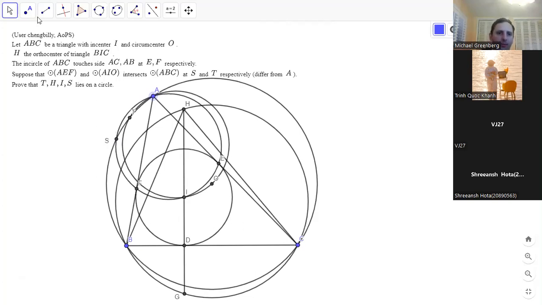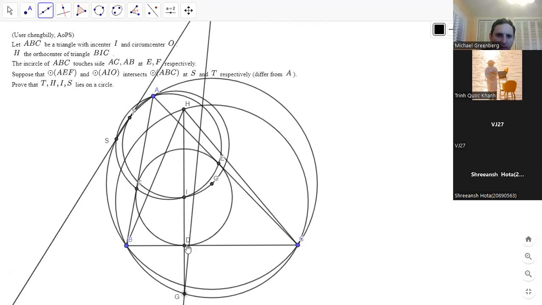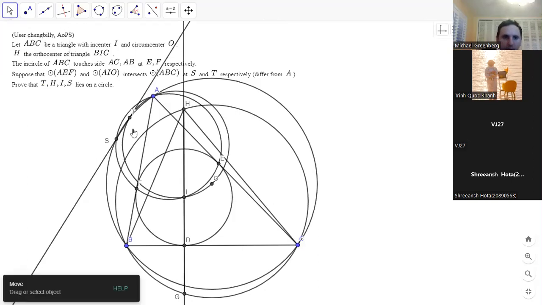I wonder, maybe I could use power of a point and I could let TS intersect this. And then I could try to use power of a point. Is ST tangent?